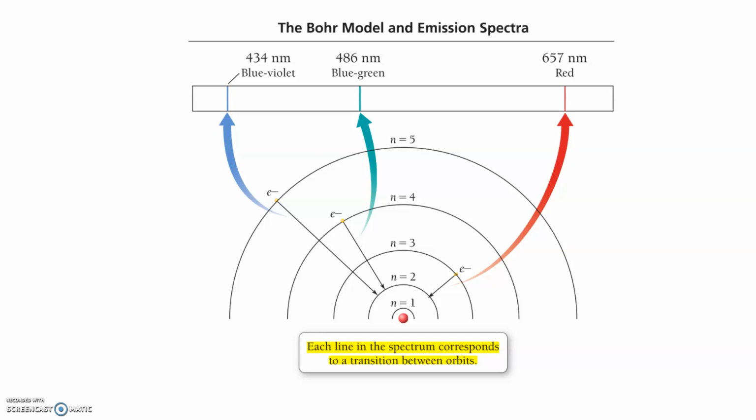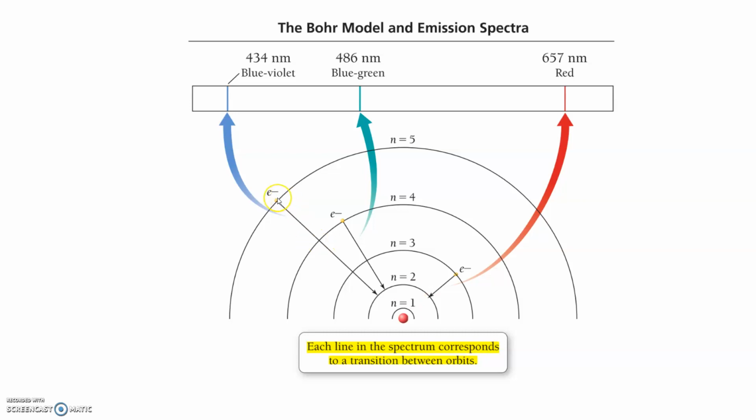So the light that's emitted from the hydrogen gas is due to the electron releasing that energy. Because the electrons are releasing a discrete amount of energy, you don't see a continuous spectrum, like a rainbow, but you see these discrete lines, and each of these lines corresponds to an electron losing a certain amount of energy.